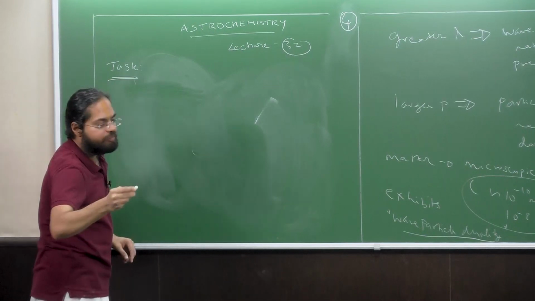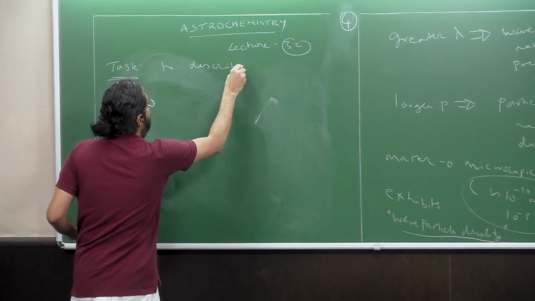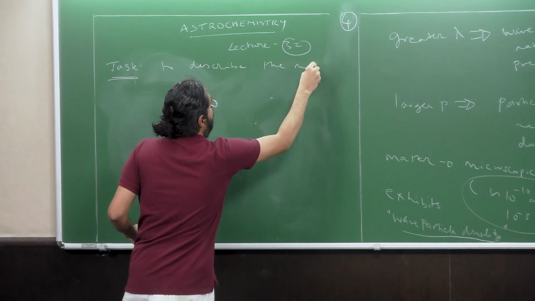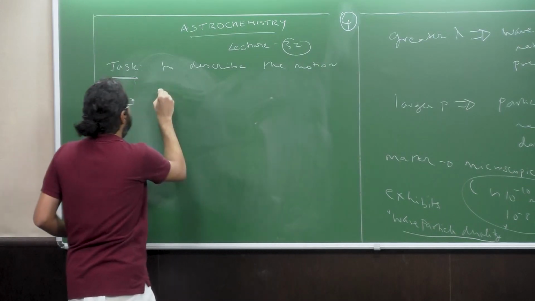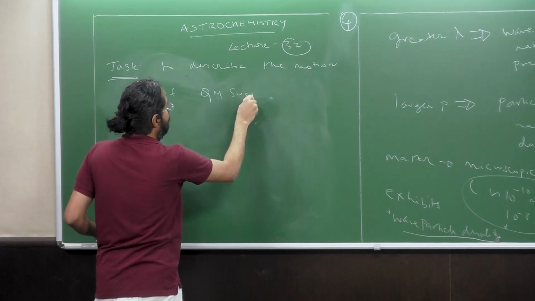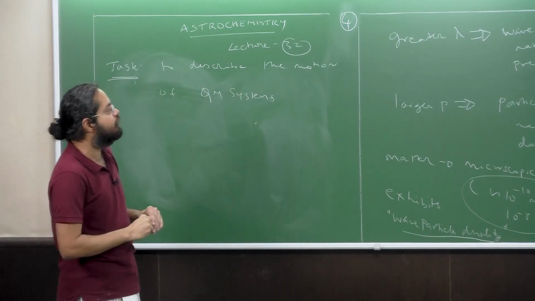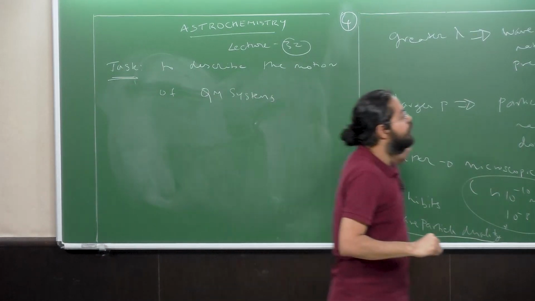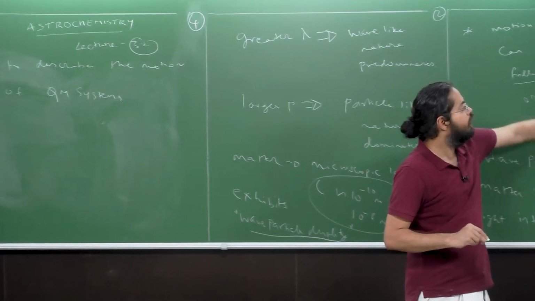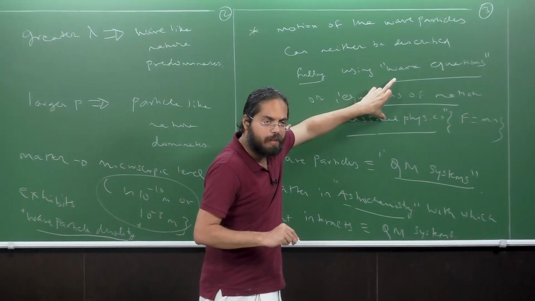All right. So the task now is to describe the motion of quantum mechanical systems, with the knowledge that we have to include both a wave nature and a particle nature in this equation.